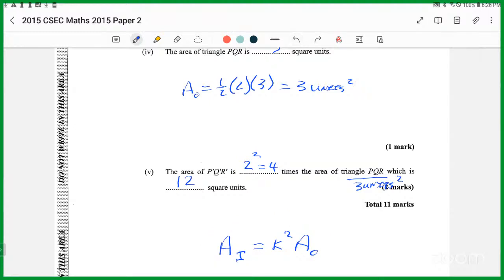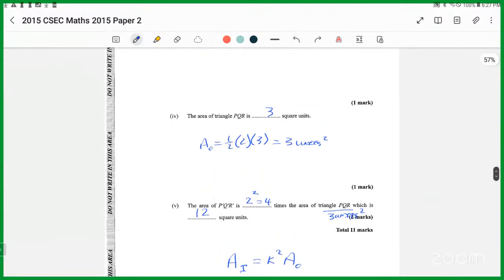The area of the image, which is P prime, Q prime, R prime, is k squared, and k squared will be 2 squared, which will be 4, times the area of the object, which is 3, as we worked out up here a while ago. 4 times 3 is 12. That is what they want. That is it, guys.